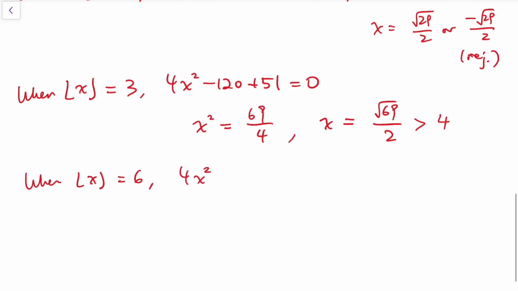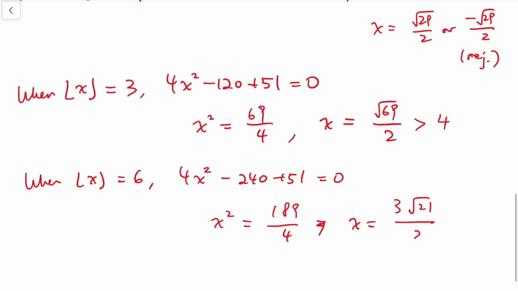Now, when the floor function equals 6, then x squared equals 189 over 4. So x equals 3 times root 21 over 2. Now root 21 is between 4.5 and 4.6.